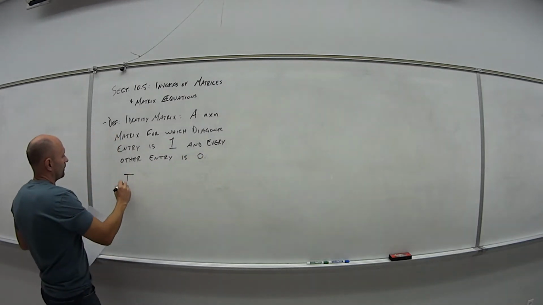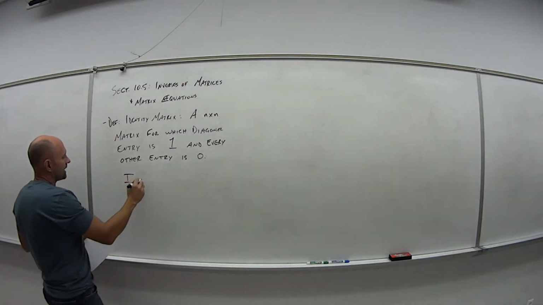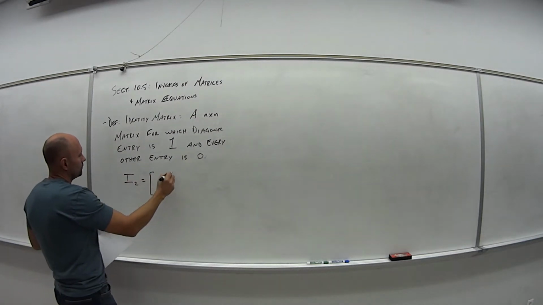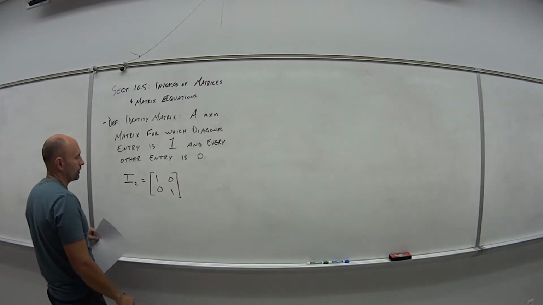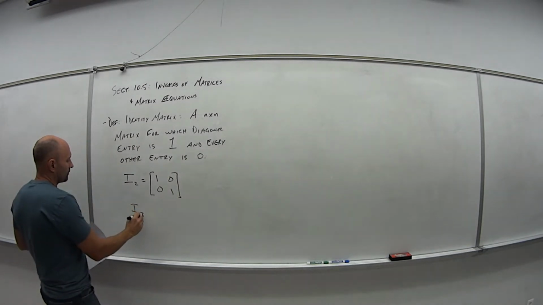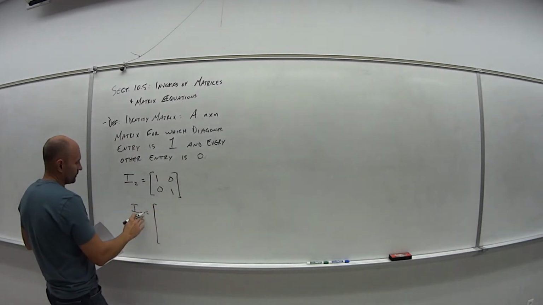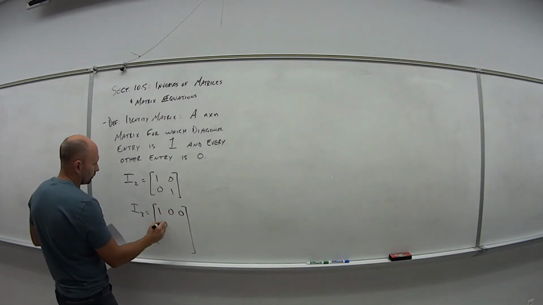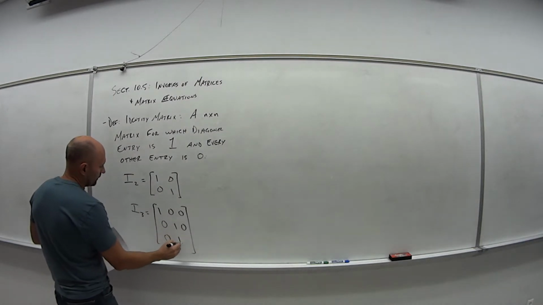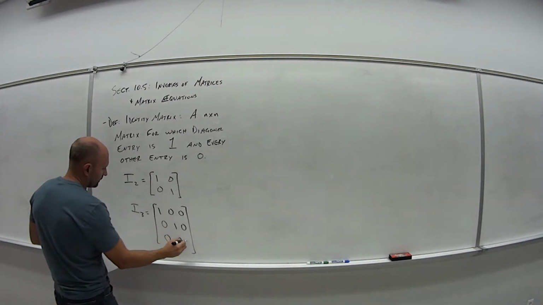For example, I2 is a 2 by 2 matrix that has 1 on its diagonal, 0 everywhere else. I3 is an identity matrix that's 3 by 3, so it also has 1 on its diagonal, 0s everywhere else.